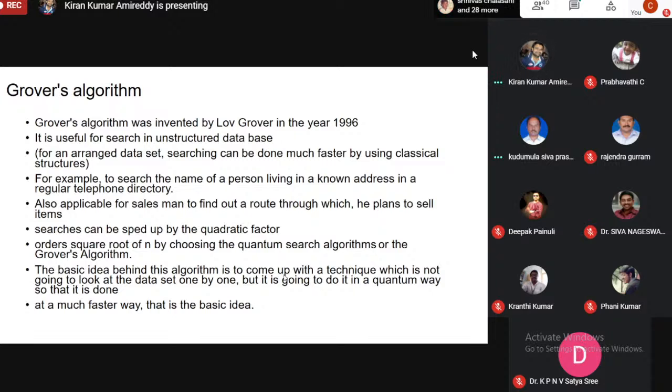So essentially, these things are useful for finding names in a telephone directory. The telephone directory is a structured way of arranging data, and in arranged data it is easy to pick up. Say our object is Bombay. It starts with B, so we know we can terminate the program.